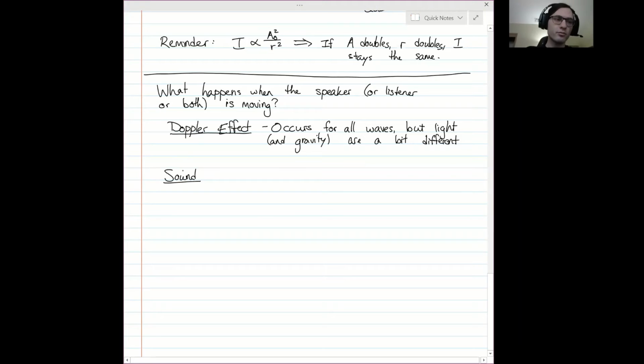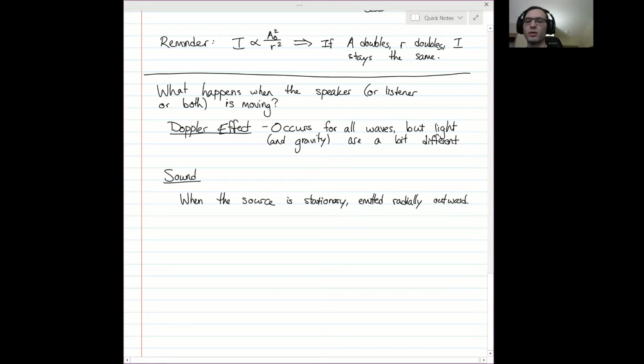So when the source is stationary, sound is emitted radially outwards. All the pictures I'm going to draw, by the way, are 2D, but they're just 2D representations of a 3D thing. So let me show you an animation really quick.